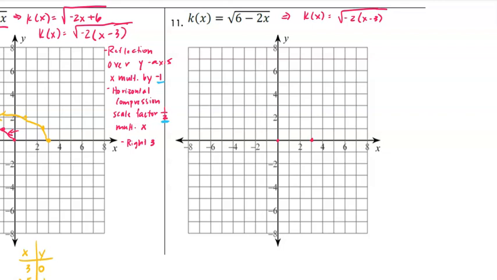Now from this point, the original parent function, we have to go up 1 and to the right 1. Or we can go up 4, or it's right 2 and then up, or right 4. Okay, and then up 2 and right 4.